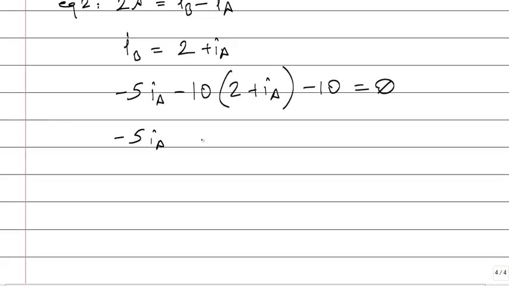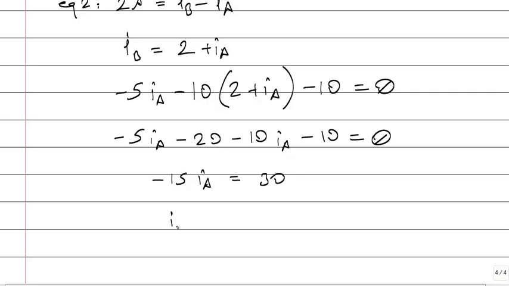Minus 5 IA minus 20 minus 10 IA minus 10 is equal to 0. So minus 15 IA is equal to 30. IA is equal to minus 2. IB is equal to 0. Interesting.